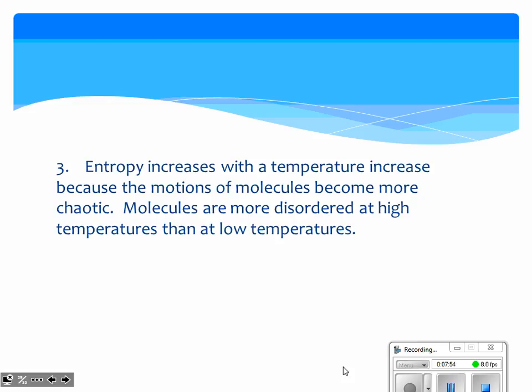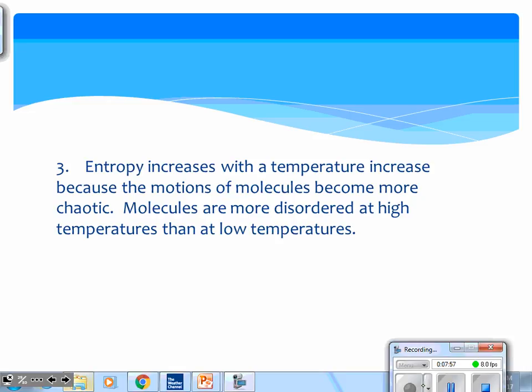A third part, entropy increases with a temperature increase because the motion of the molecules becomes more chaotic. Molecules are more disordered at higher temperatures than they are at lower temperatures.